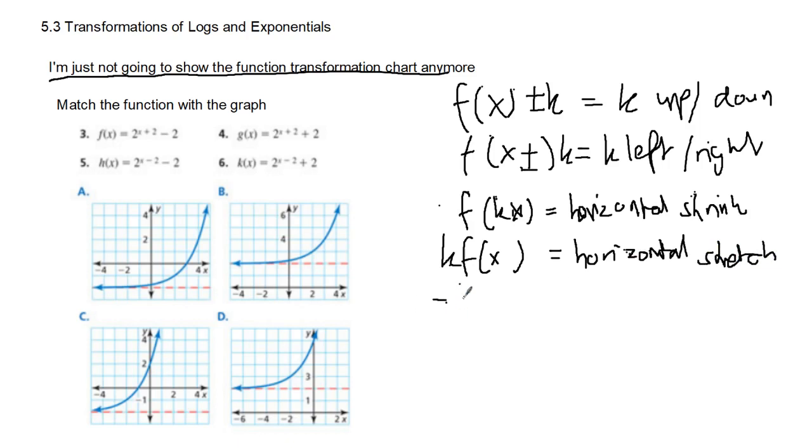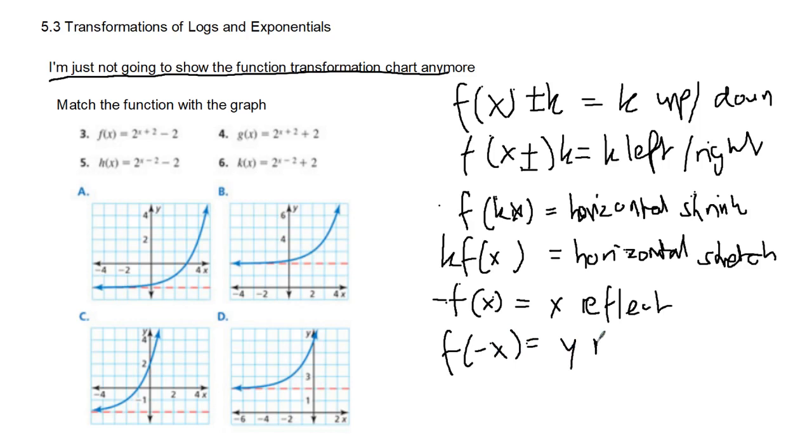Minus f of x is reflection on the x-axis, and f of negative x is reflection on the y-axis. And that is it. That's all the rules.